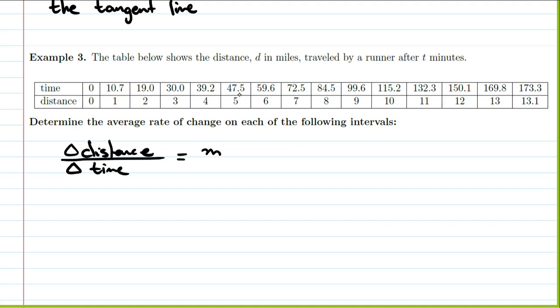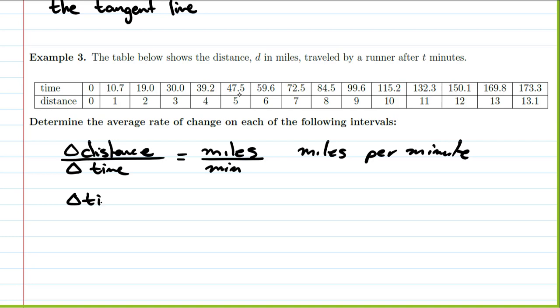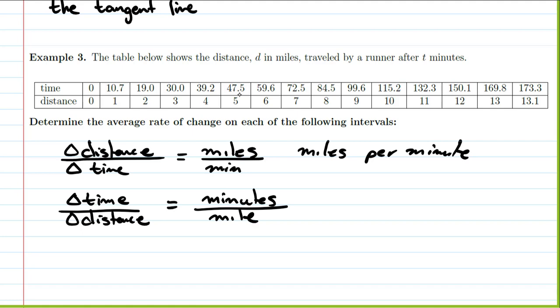this is going to be miles divided by minutes, or miles per minute. We could also have it this way: the change in time over the change in distance. Well, that's going to be minutes per mile.